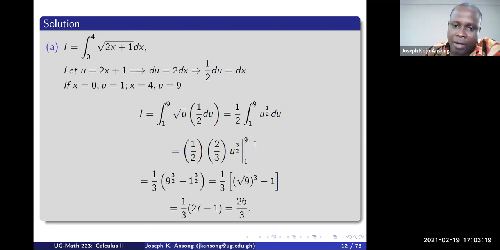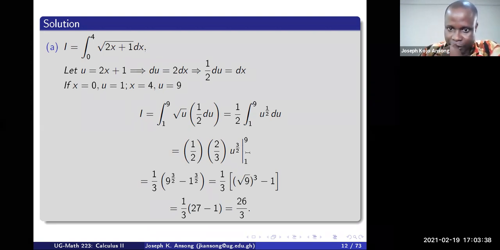Okay. Now, there is another way you could have done this. You could have left out the limits altogether, okay? You could have left this substitution stuff, and then from here, leave out the limits and integrate this. So you're going to get the result here without the limits.